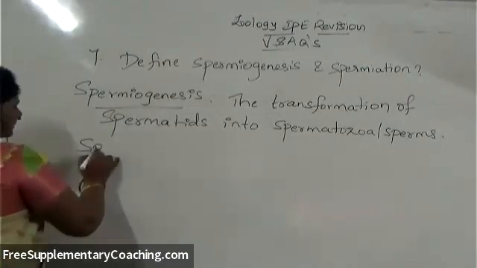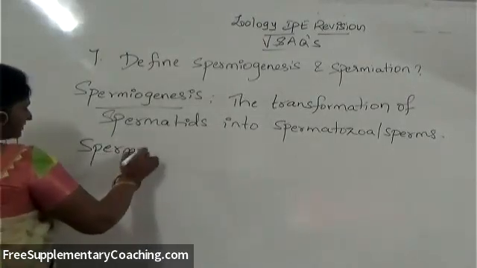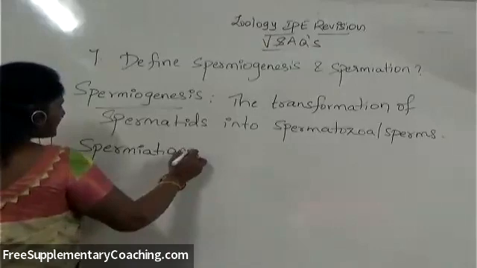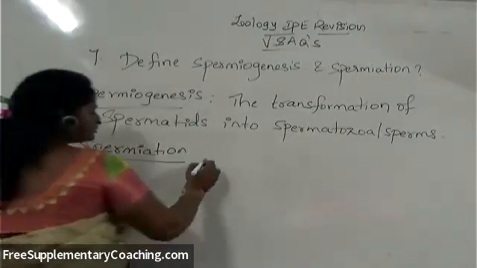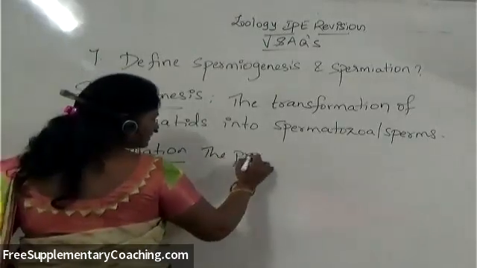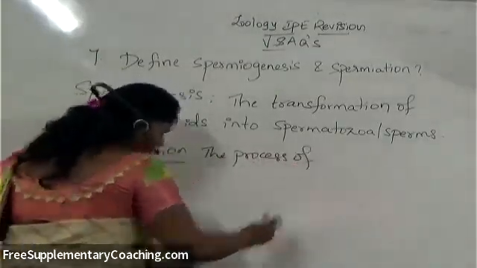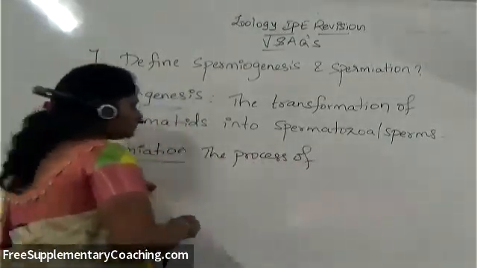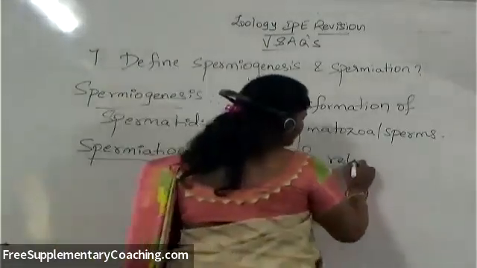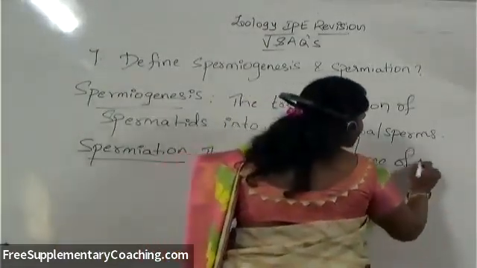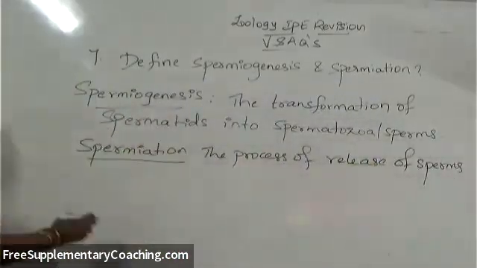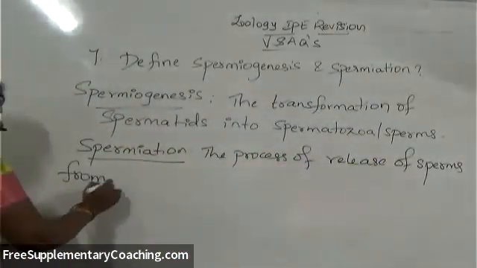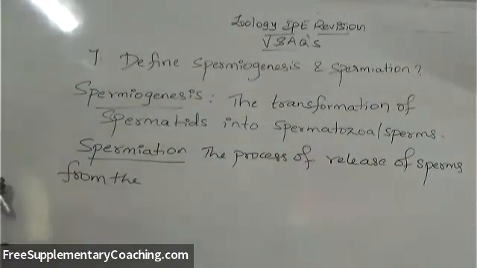The next, spermiation. What is meant by spermiation? Once the sperms are formed, the process of release of sperms from the seminiferous tubules. Actually, you know that sperm formation takes place in seminiferous tubules, right?